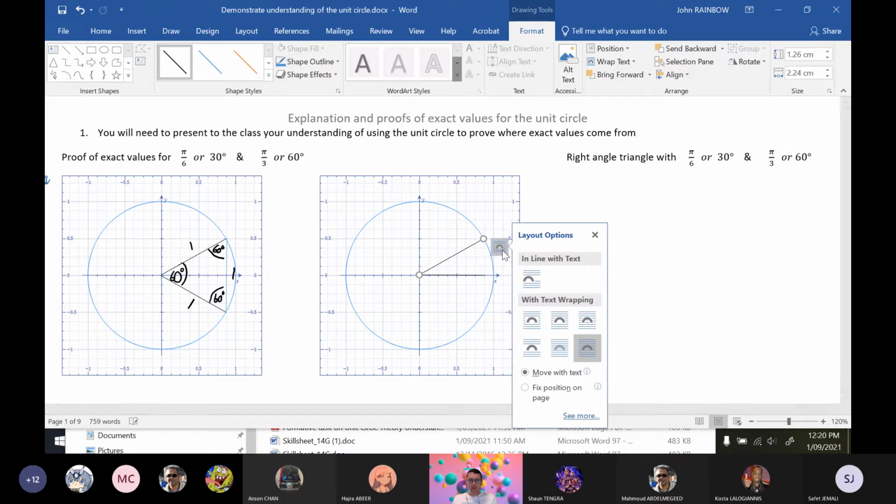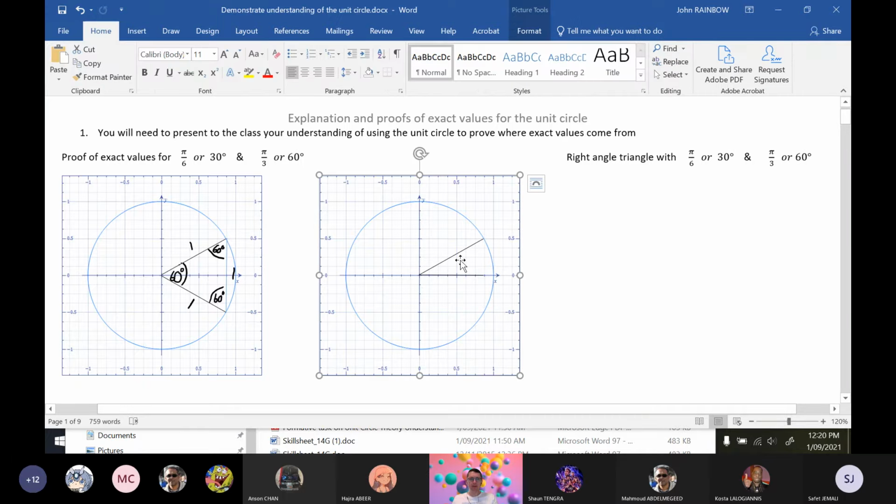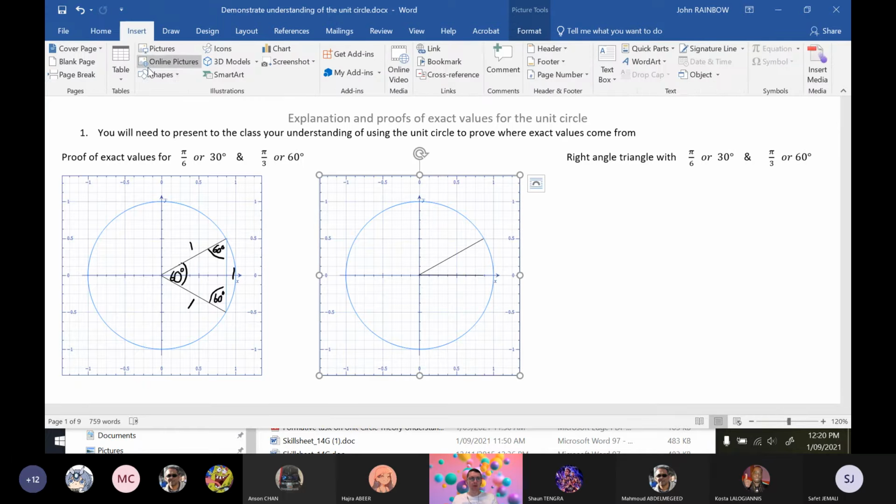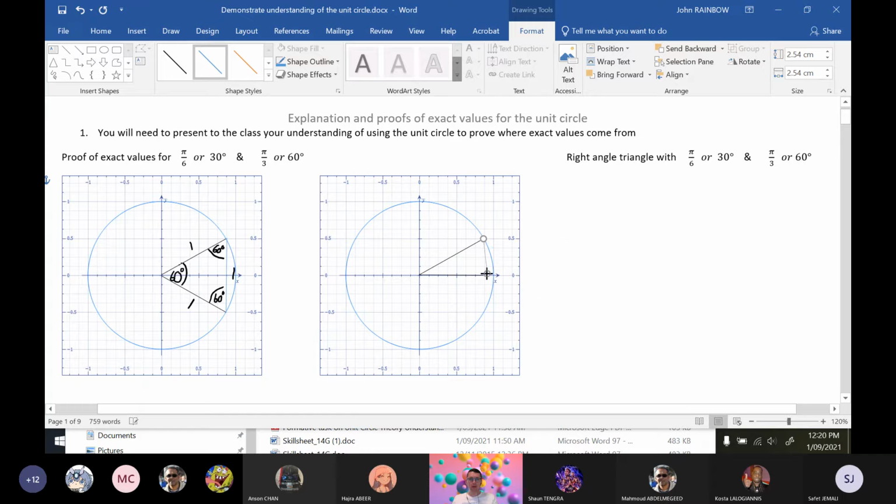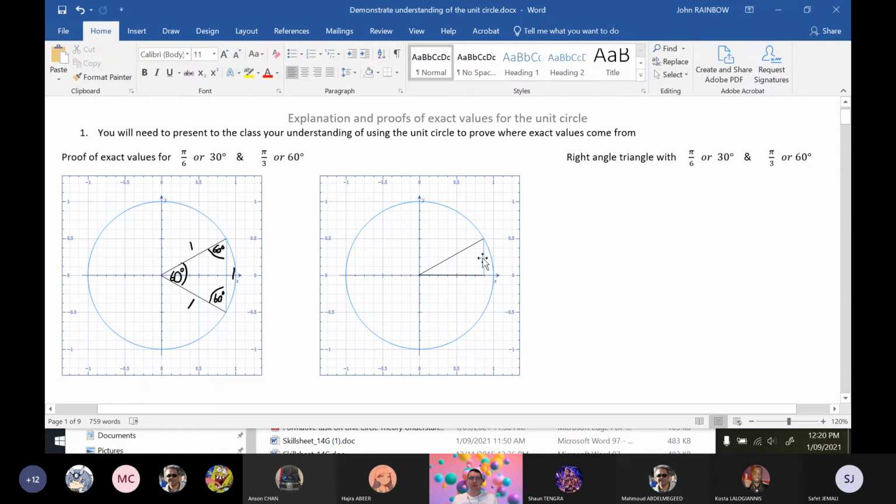So you'll have something like that, and then we should put another line in from there straight down to there. And you'll have something like, voila.